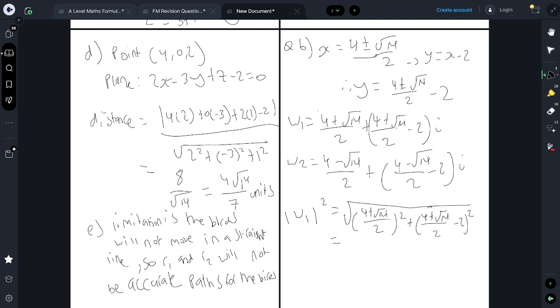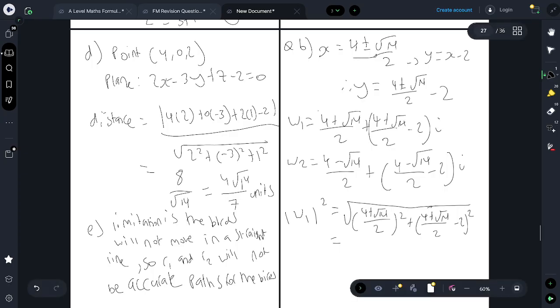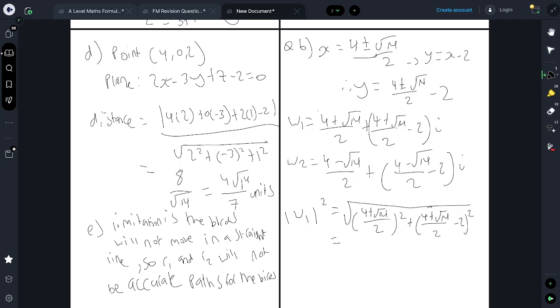Oh no, it is right. Hang on. We can simplify this, by the way, to say that x is 2 plus or minus root 14 over 2, right? So therefore y would be 2 plus or minus root 14 over 2 minus 2. That would cancel to just simply root 14 over 2.